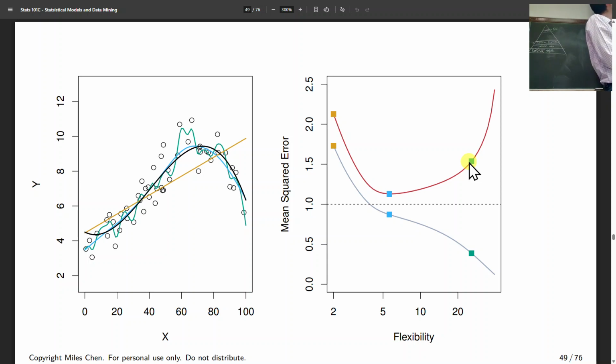Effectively, your goal is to try to get this blue line, but you don't really know which line actually is the best, right?